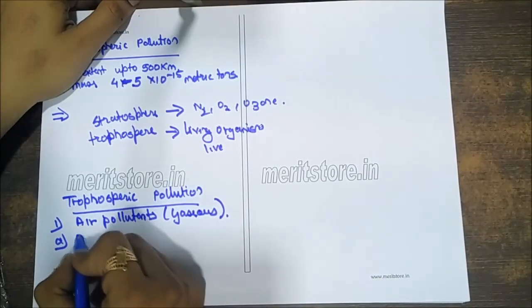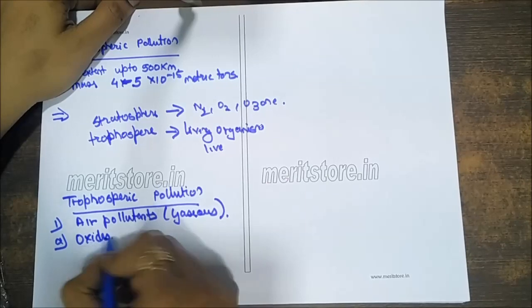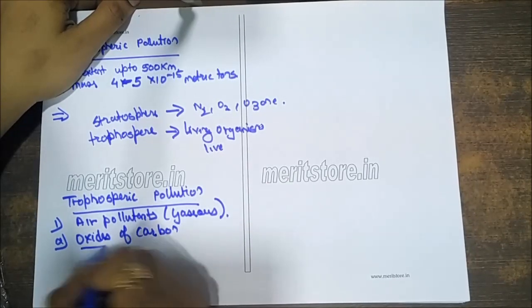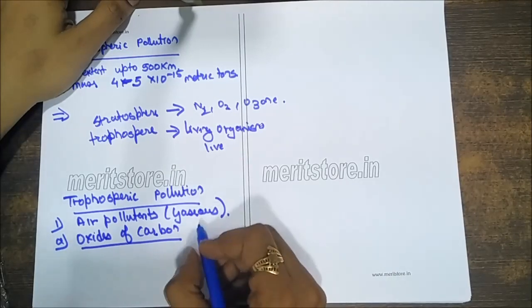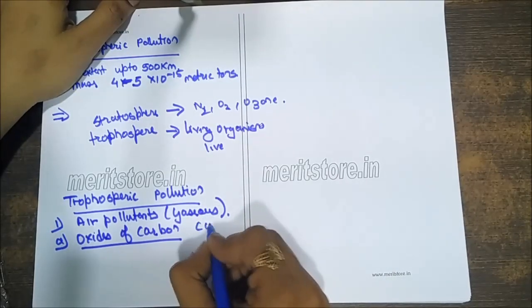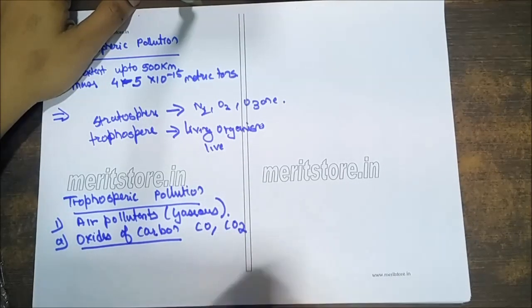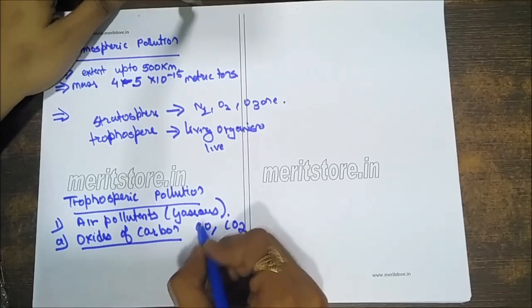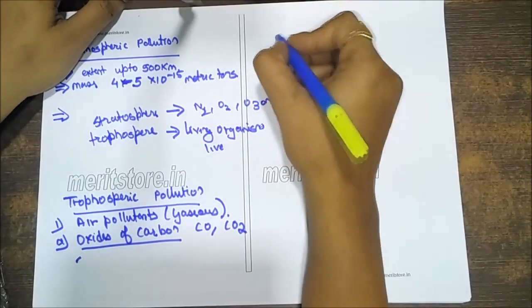So the first is oxides of carbon. By oxides of carbon I mean carbon monoxide and carbon dioxide. These are oxides of carbon which are among the most harmful pollutants. So first let's see carbon monoxide.